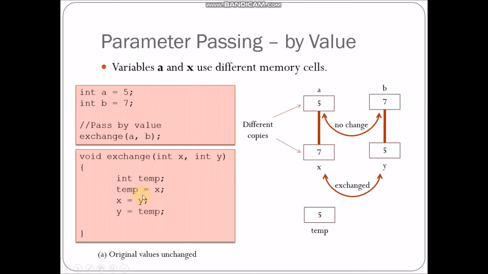Then you will assign temp equals x, whereby you first put the value of x into temp. So here in temp you will have the value of x, which is 5. Then you will assign x equals y.